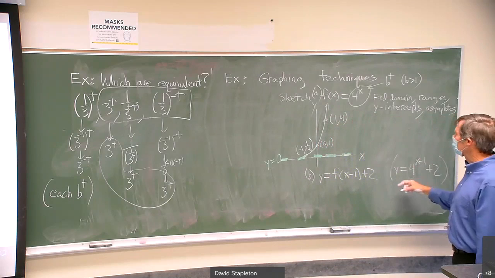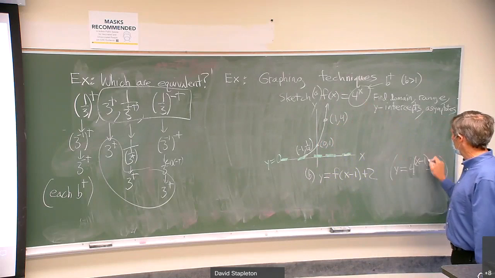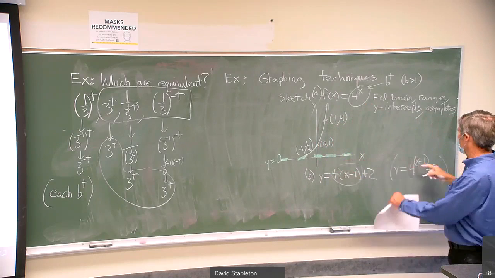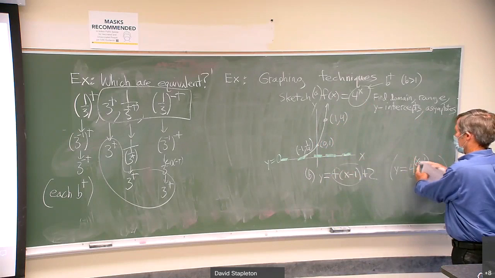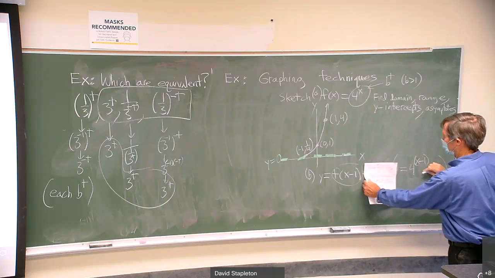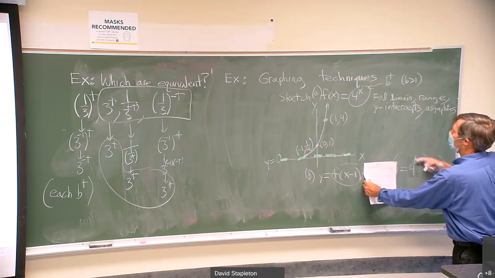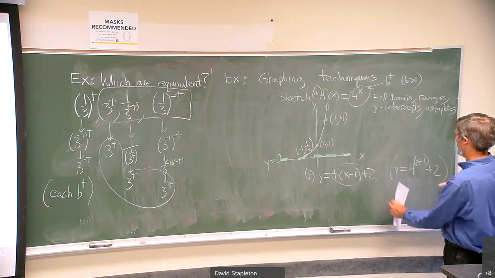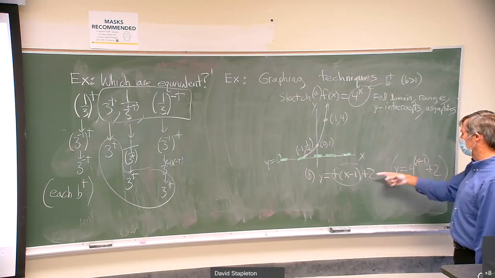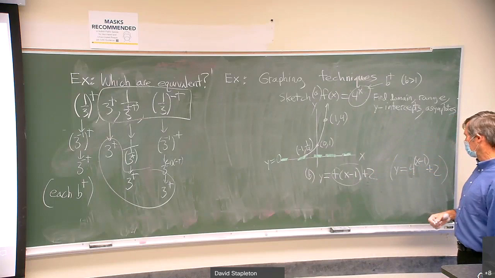All you do is you take whatever function it is, and everywhere in it you replace x with parentheses and put in x minus 1 instead. This is f of x minus 1, right? And then add 2 on the end. That's what I did. I put parentheses and replaced x with x minus 1 and then added 2 on the end to get that one.